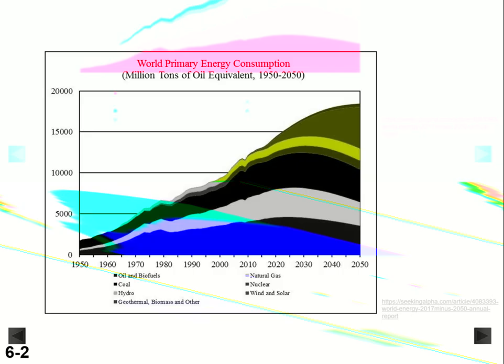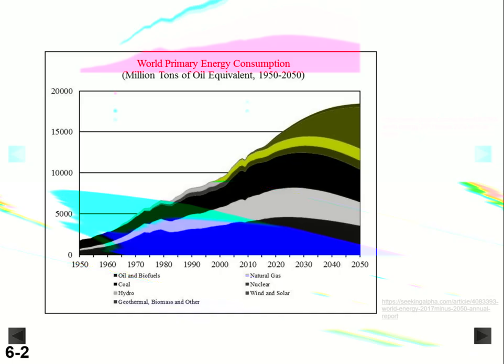What's shown here is the world primary energy consumption as a function of year from 1950 to 2050. This was generated in 2017, so of course the 2017 to 2050 years are simply predictions.